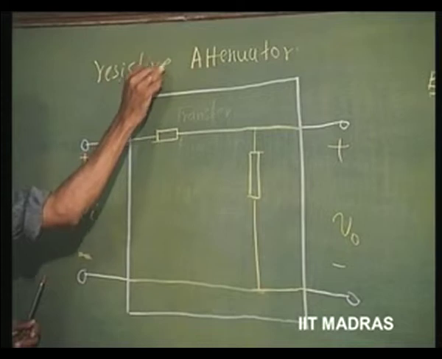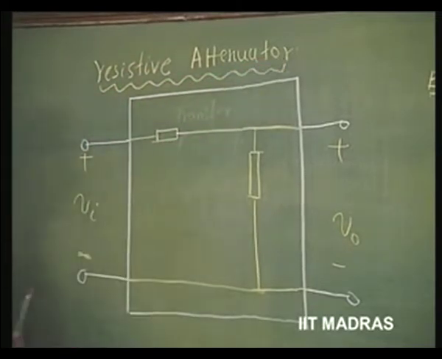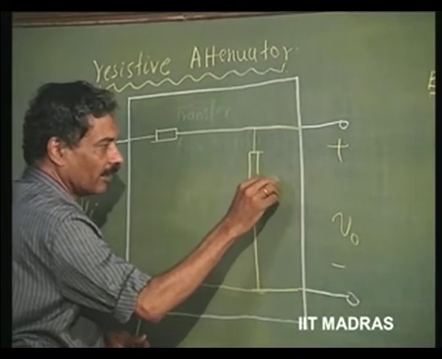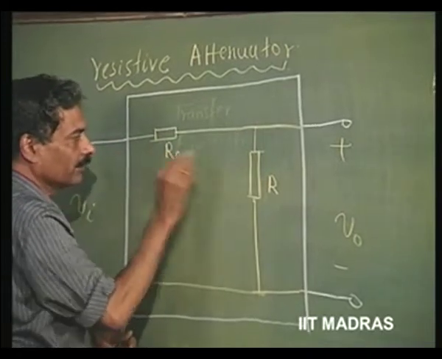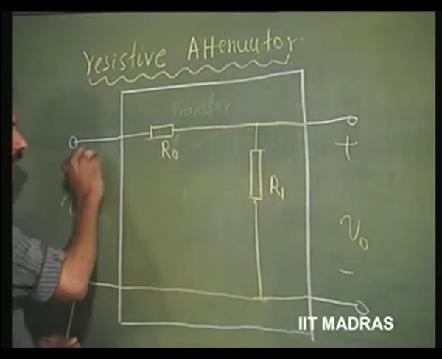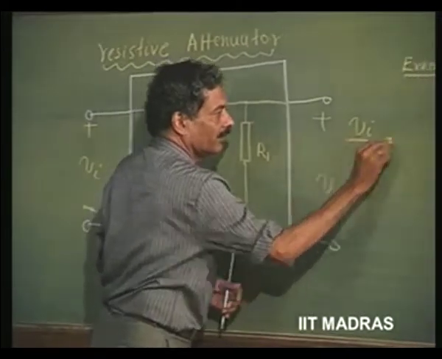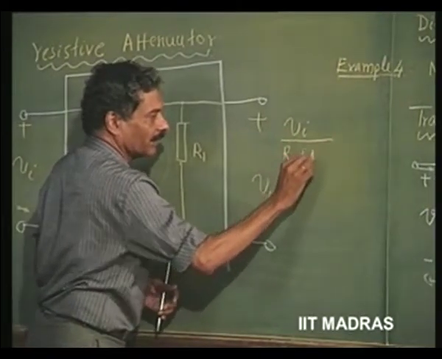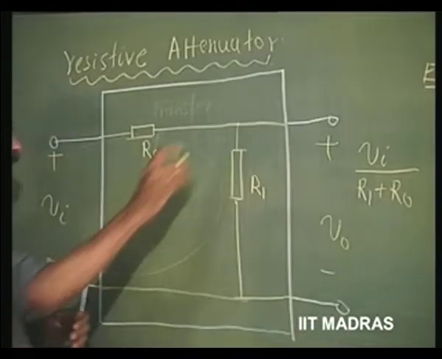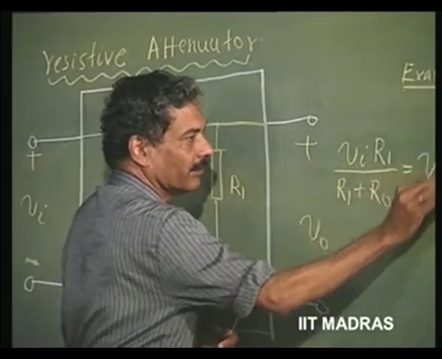This is commonly used in electronics for attenuating a voltage from some value to another value. If this is R naught and this is R1, we know that the current in this circuit is going to be VI divided by the total resistance R1 plus R0, and I am taking the voltage across R1. That is equal to V naught.